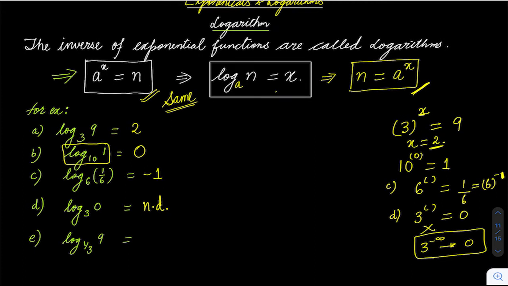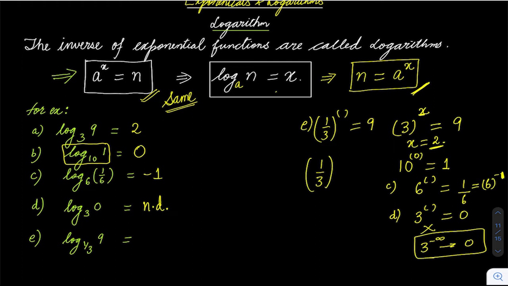Okay, next thing. Log of 9 to the base 1 by 3. To what power should 1 by 3 be raised to get 9? As you can see, 9 is in the numerator, and on the left-hand side 3 is in the denominator. So to bring it to the numerator, obviously a negative power should be used.